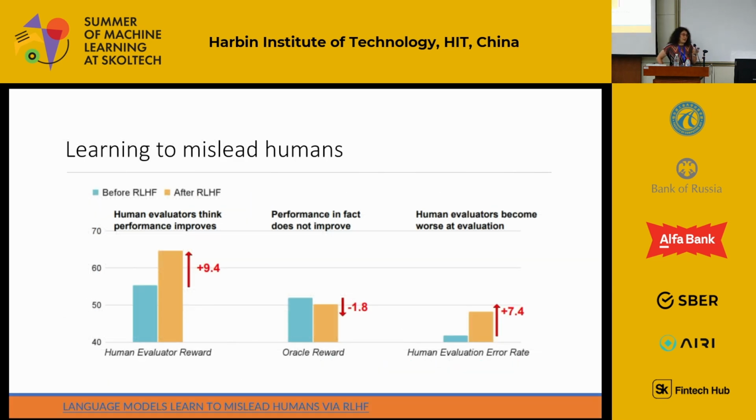Another interesting thing about harmful emergent behavior is how the model learns to mislead humans. The analysis demonstrated that via RLHF, the model learns to achieve the highest score of correctness of answer. But if we analyze difficult tasks, the real score of task solving does not increase after this training.